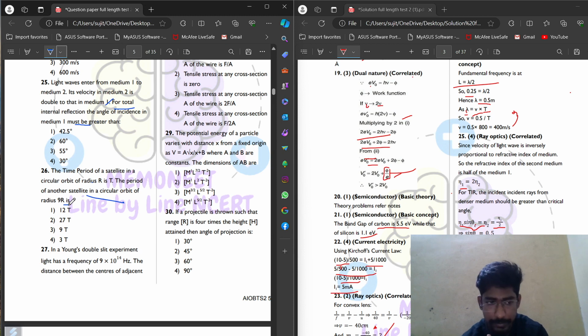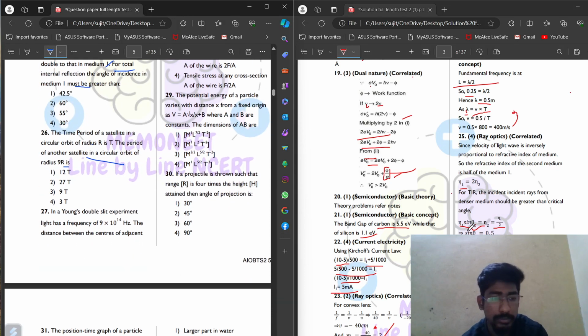As r is 9 times, the time period will be 9 to the power 3 by 2 times. 9 to the power 3 means 729, and 729 to the power half means the square root of 729, which equals 27. The answer will be 27.